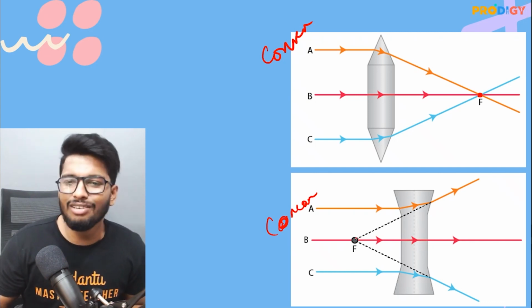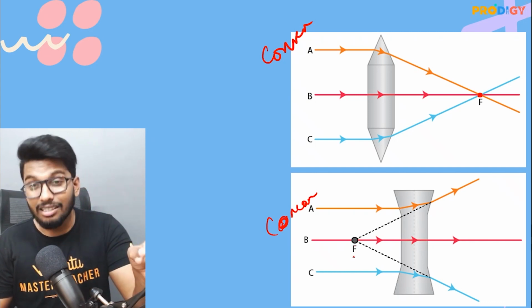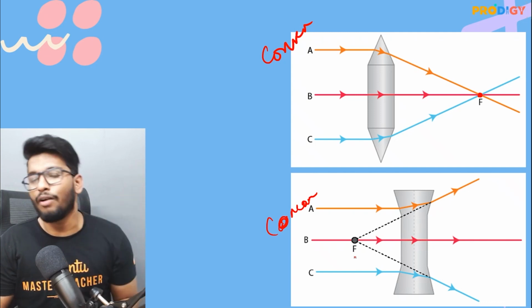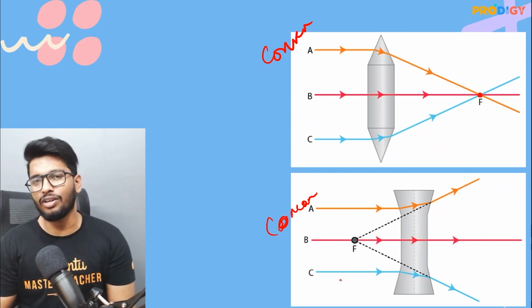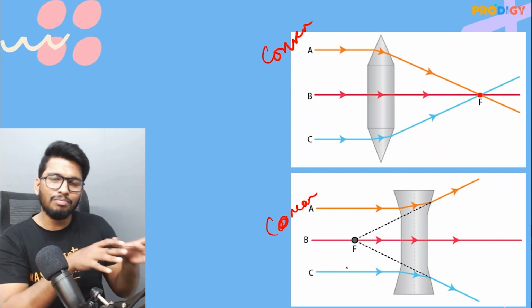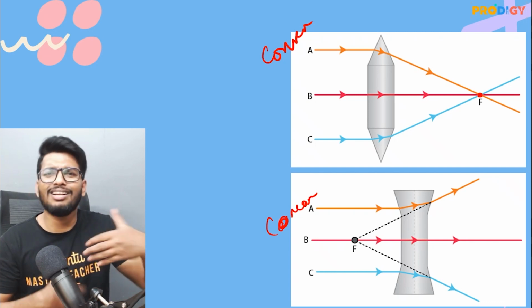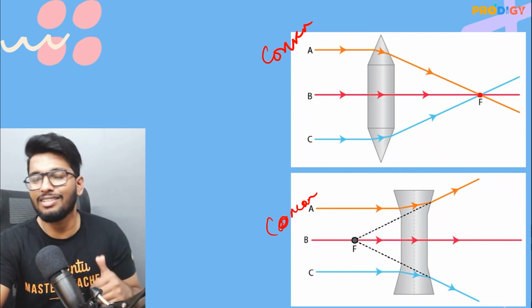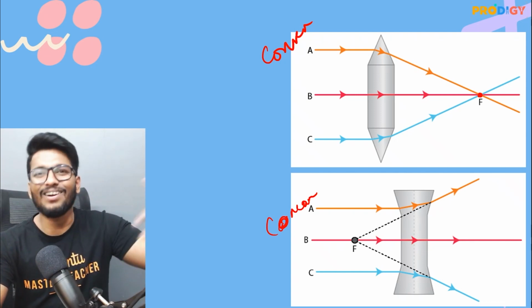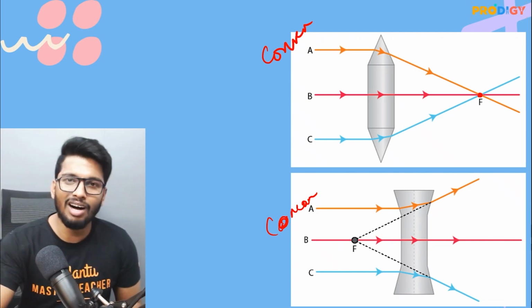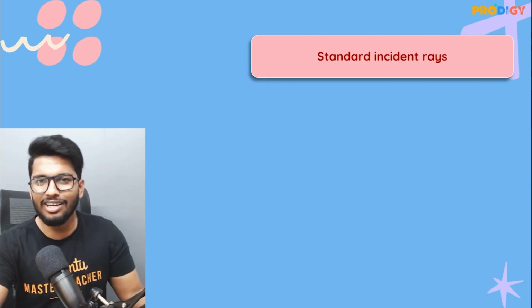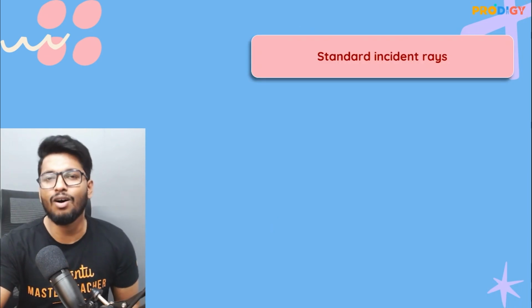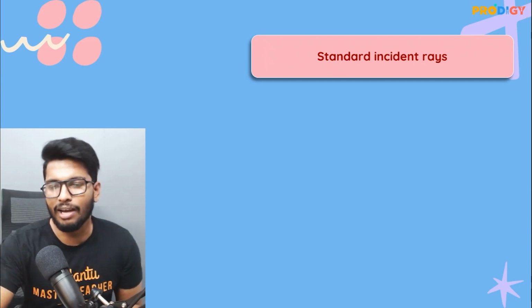And you see that after refraction, they will appear to meet at a point, which becomes the focus. So you can assume that a lens, be it concave or convex, is made from prisms as well. All right, not spheres, but yeah, from prisms as well. Spheres you have already studied, but it can also be depicted in this manner.